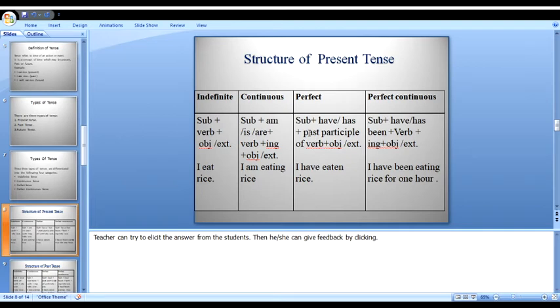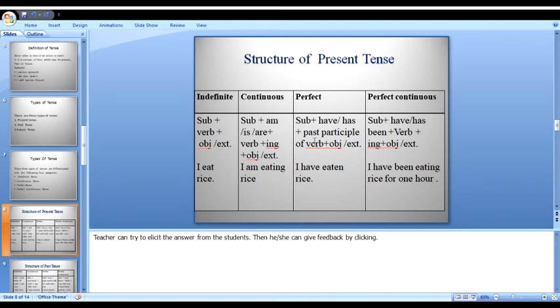Present perfect tense. So what is present perfect tense? The present perfect tense describes an action which has just finished, but the result of the action still continues. And in that case, the structure is subject plus have or has plus past participle form of verb plus object or extension.